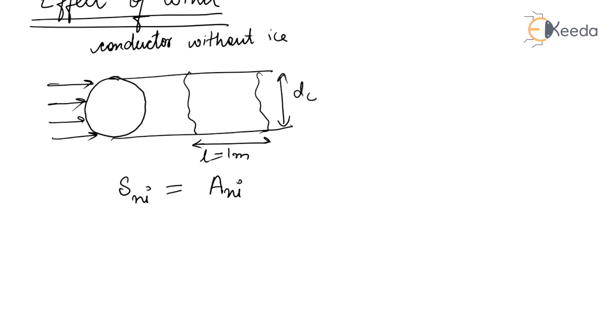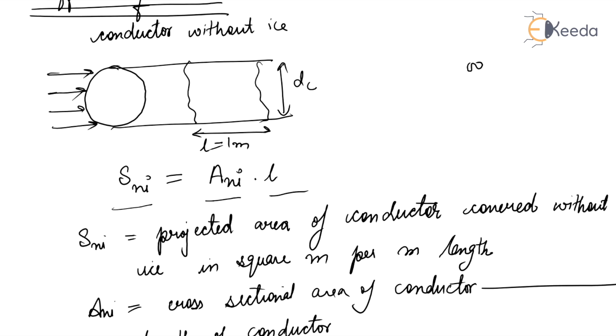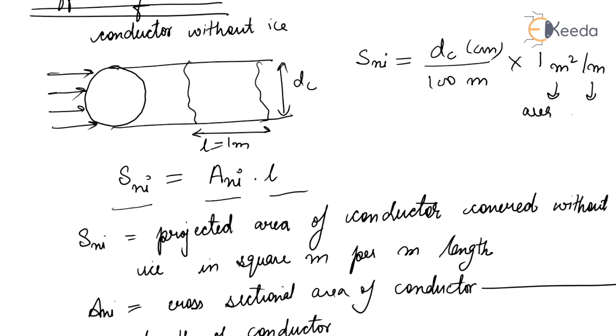So the projected area per meter length of the conductor with no ice is SNI equals ANI into L, where SNI is the projected area of conductor covered without ice in square meter per meter length, ANI is the cross sectional area of conductor without ice, and L is the length of the conductor. So for 1 meter length of conductor with no ice, this is equal to DC, which is in centimeter, converted into meter, into 1 for 1 meter length, meter square per meter. This is area and this is length.